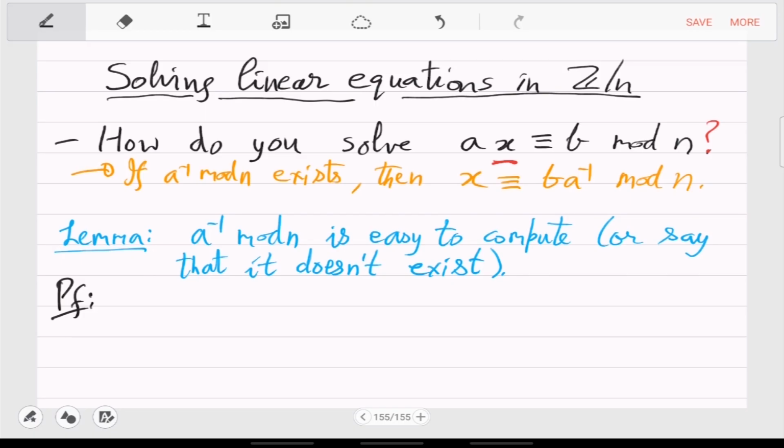So you are given two numbers A and n. How do you compute 1 by A mod n or say that it doesn't exist? Can you reduce it to addition, multiplication and division in the usual sense? Division in the usual sense.